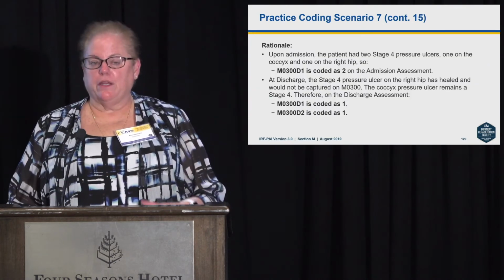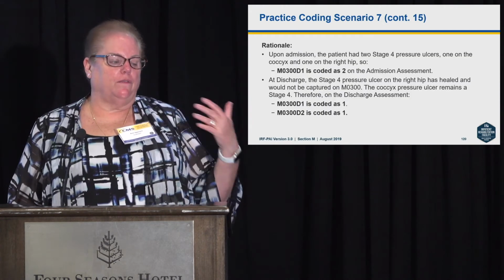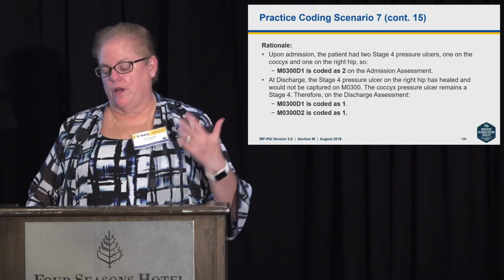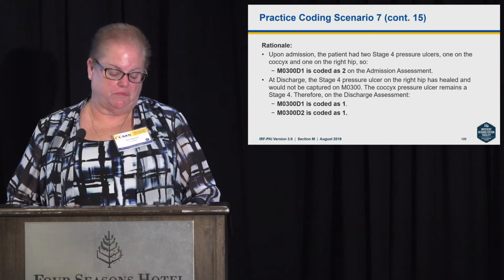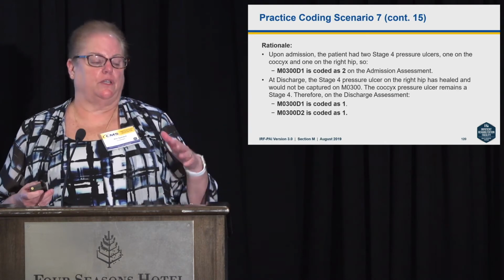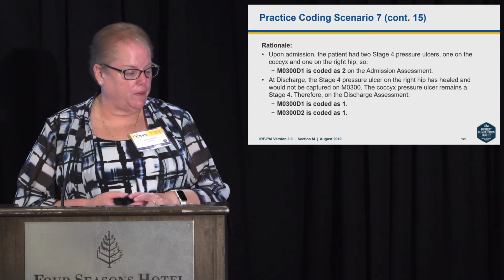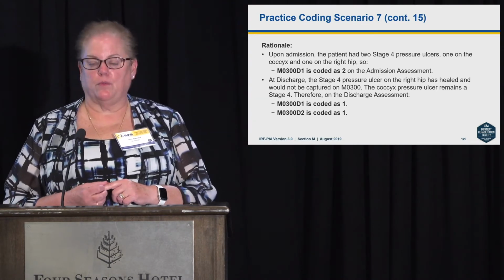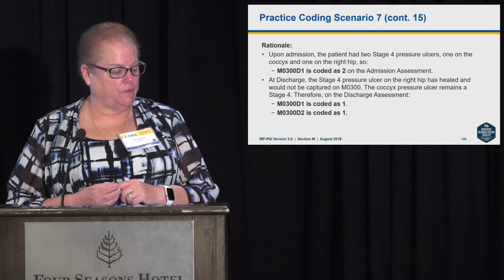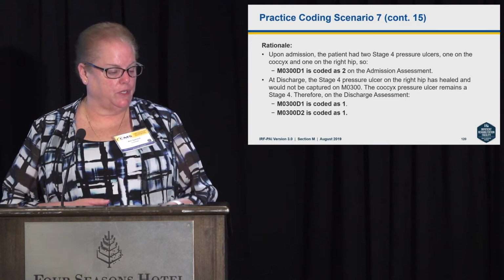So the rationale, and again, this is important, you'll have all of these completed with the answers to use in training materials, and I would encourage you to take your own cases in your facilities and go through a similar exercise. Upon admission, the patient had 2 stage 4 pressure ulcers, 1 on the coccyx and 1 on the right hip. So M0300D1 was coded as 2 on the admission assessment.